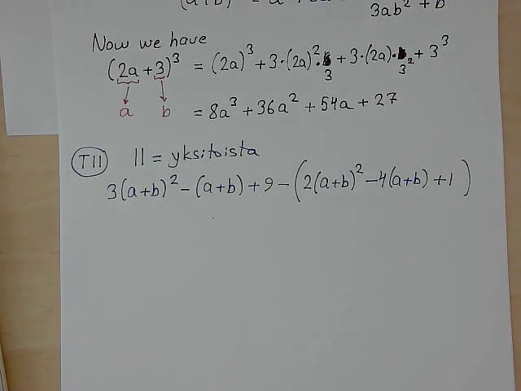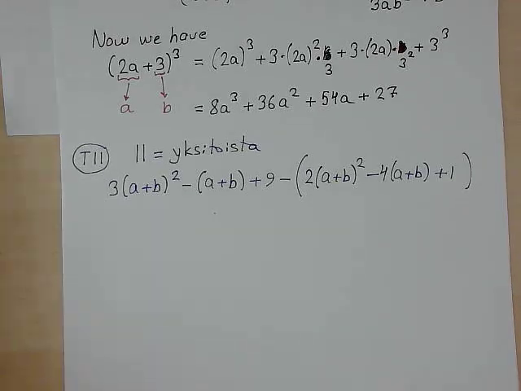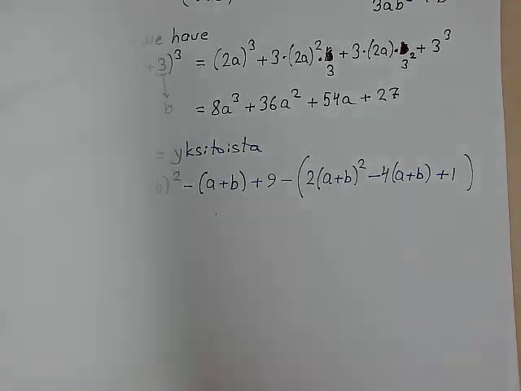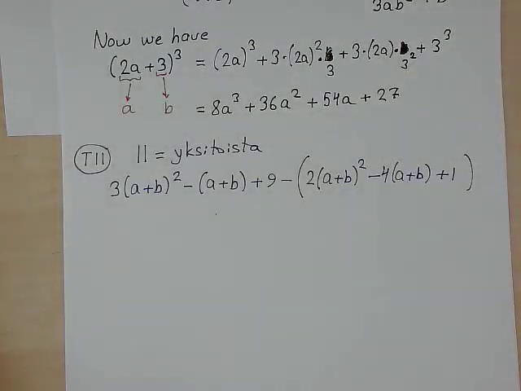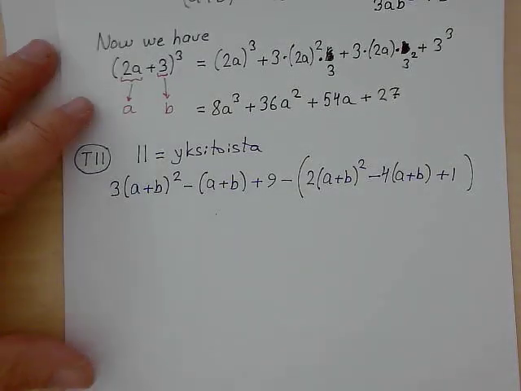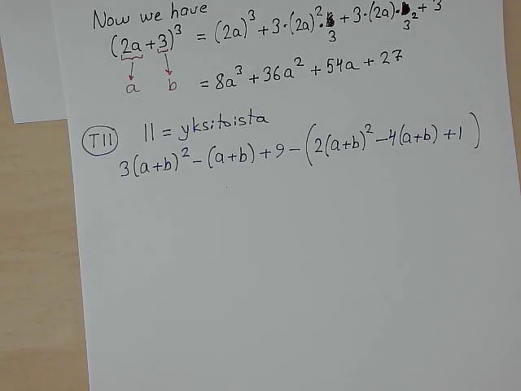Here it is possible to first take away all those brackets. Using some kind of formula, for example, for this (a plus b) squared we have this formula here, but I don't think it is quite useful to use that formula right now.